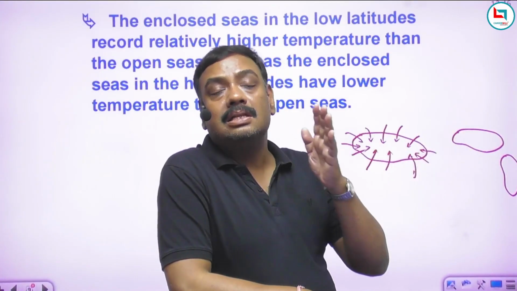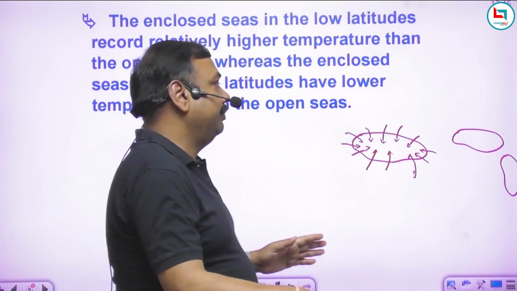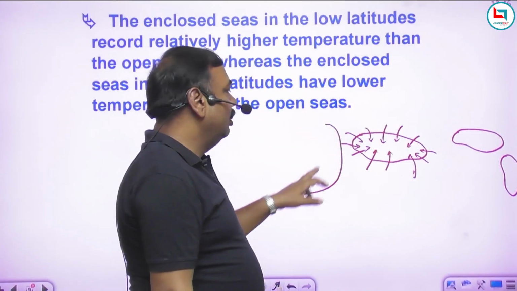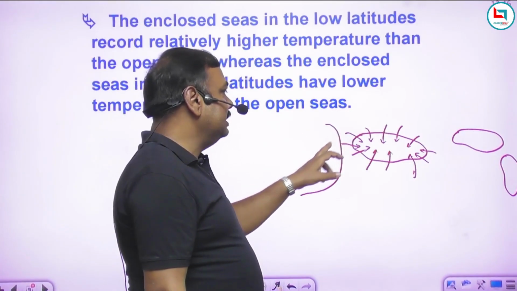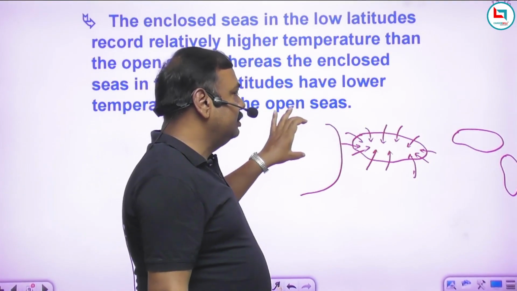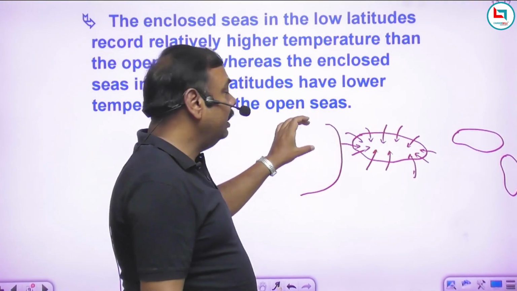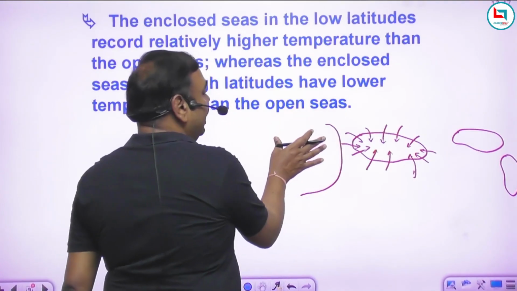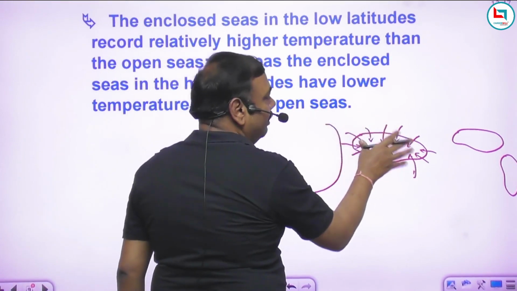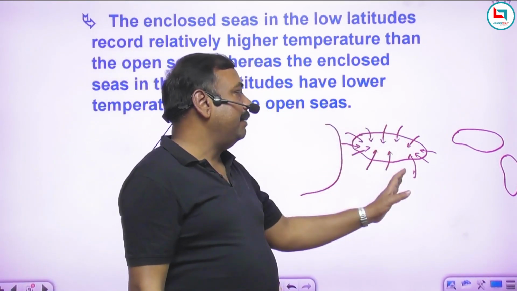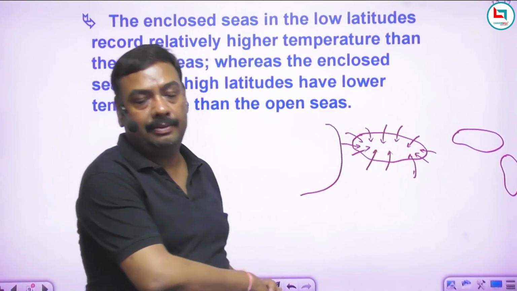The temperature in the open sea in the same latitudinal region is a little lesser than the enclosed sea, because in the enclosed sea the temperature is coming from the surrounding land.